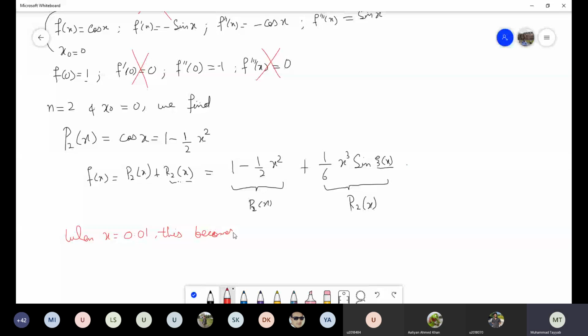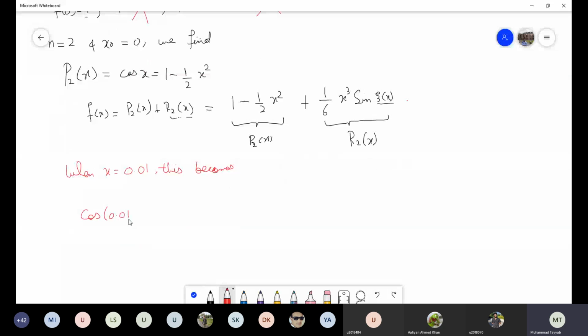this becomes cos of 0.01. Now I'm not evaluating cos of 0, but now I'm evaluating cos at the point 0.01. This will equivalent to the same as this one, 1 minus 1 by 2.